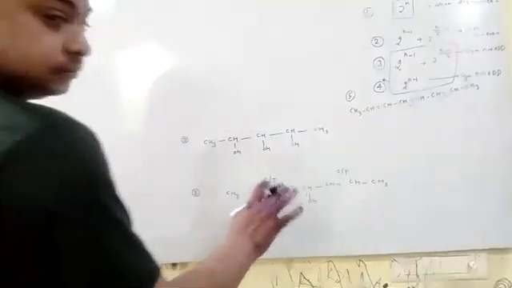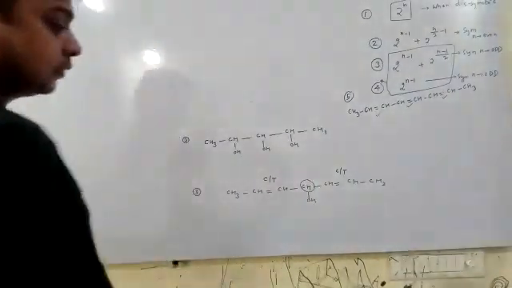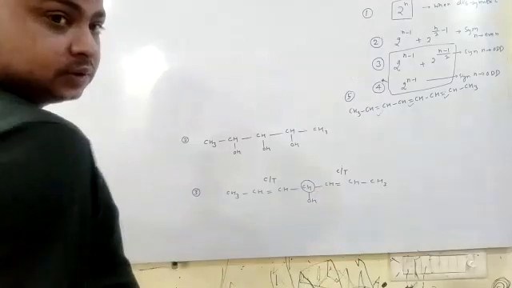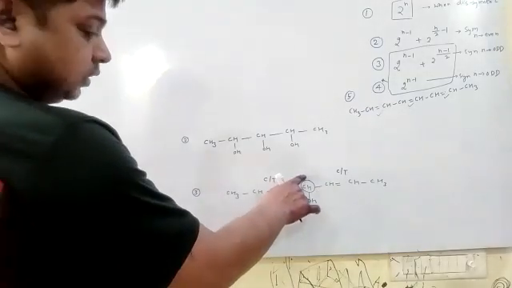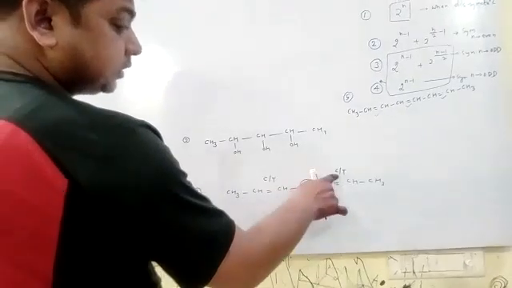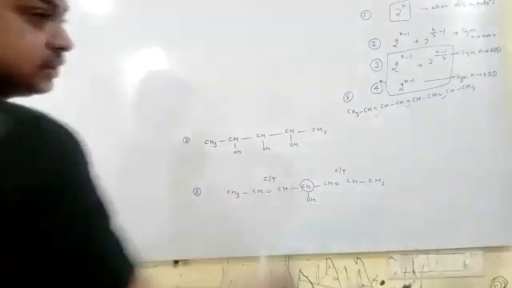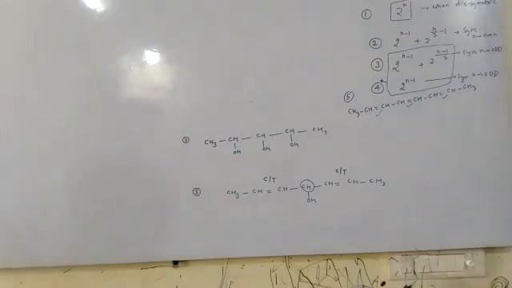But see clearly, this is a pseudo chiral center because when both are cis, this will be a non-chiral center. But if it is cis and this is trans, then it will act as a chiral center.